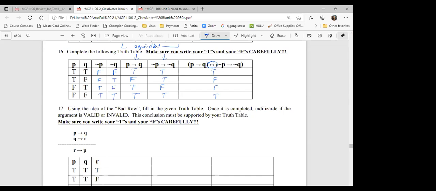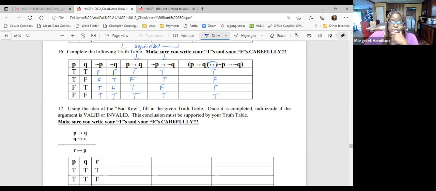When you said it's true when they're the same? Right, when both cases are the same. When you have a T and a T or an F and an F, you'll get true. So in this first case, we got two T's, so there's a T. In the last case, we got two T's, so we had a T. But the two middle cases, we didn't have two of the same term, so we knew that those were going to be F's.